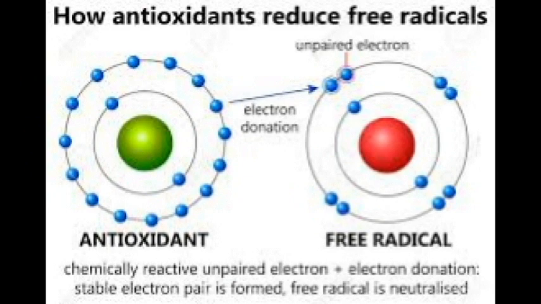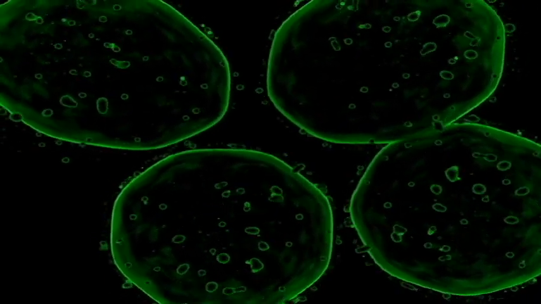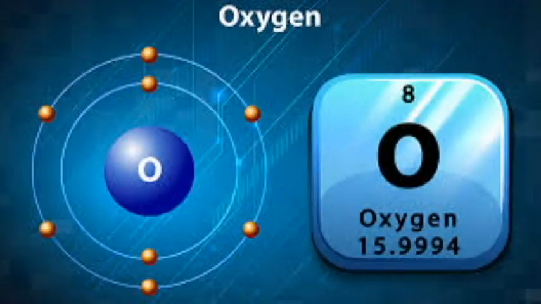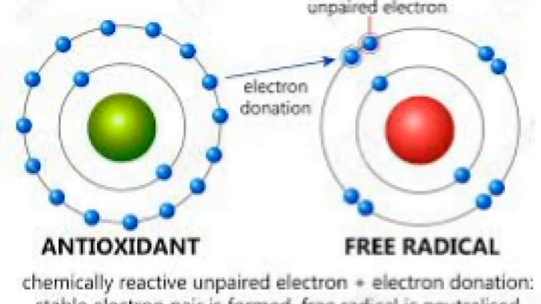Once the free radicals come in contact with the antioxidants, they get electrons, and the free radical creates paired electrons, or an even number of electrons, on the outermost orbit and becomes stable. So here the antioxidant acts as a donor and the free radical acts as a receiver. If we have lots of antioxidants, then we can decrease the production of free radicals in our body.